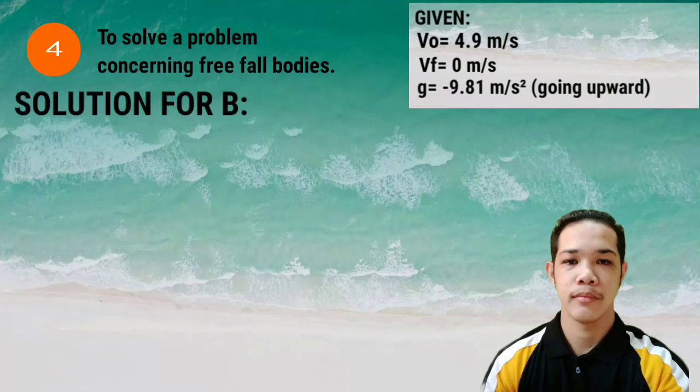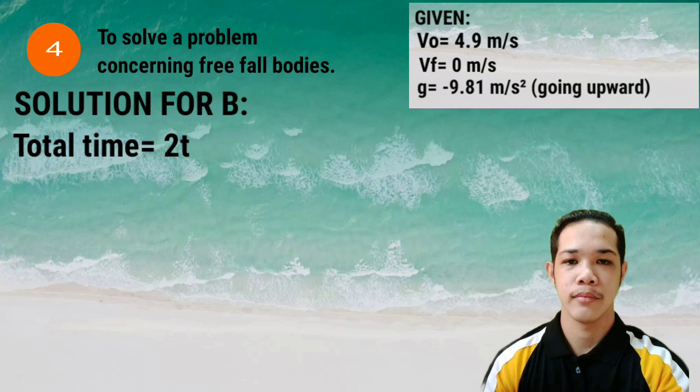For letter B, the time of the ball in the air before returning to your hand. It means you're finding the total time it travels. The formula for the total time is 2 multiplied by t. How does it become 2 multiplied by t?